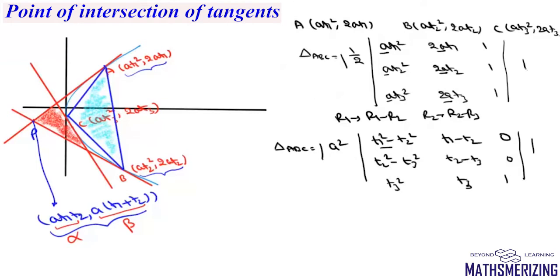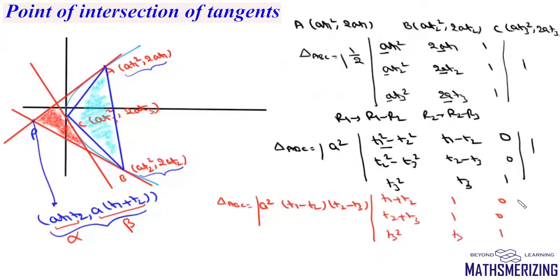So we can write this area as a square times (t1 minus t2)(t2 minus t3), and then the rows (t1 plus t2, 1, 0), (t2 plus t3, 1, 0), (t3 square, t3, 1). Now we'll expand about the third column.